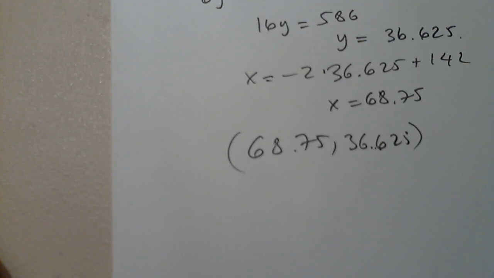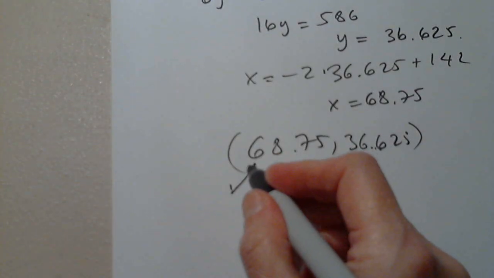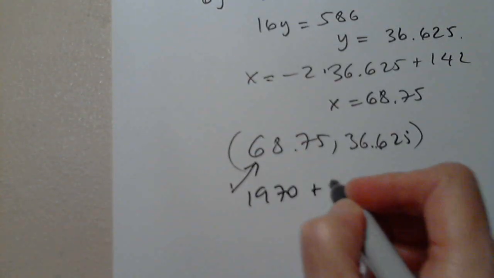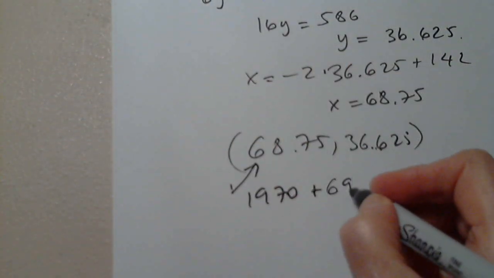Although it doesn't say, it makes no sense otherwise. X years after 1970. Okay, they put it in the voice balloon. Okay, fine. So it's 68, or roughly 69 years after 1970. Now it makes sense. I agree. So this represents 1970 plus approximately 69 years.